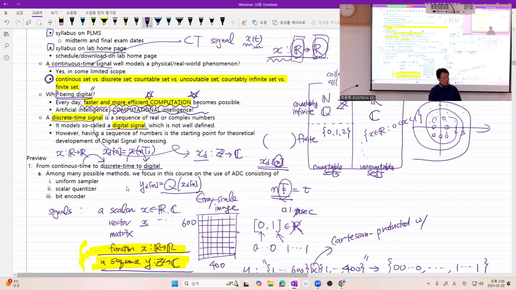When I was a graduate student, one of my senior Korean students was majoring in parallel processing. In order to reduce the computation time, people wanted to parallelize some computation. For example, suppose you have a very large matrix times a very long vector.